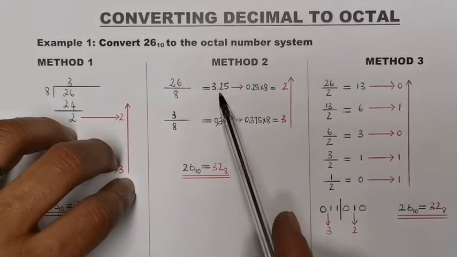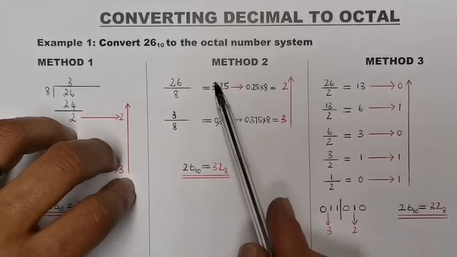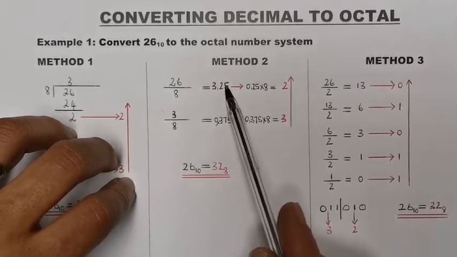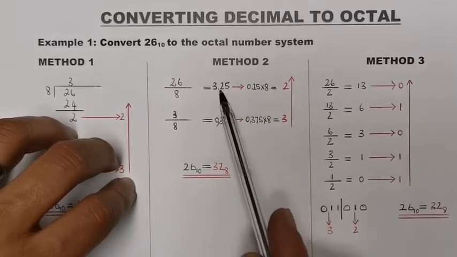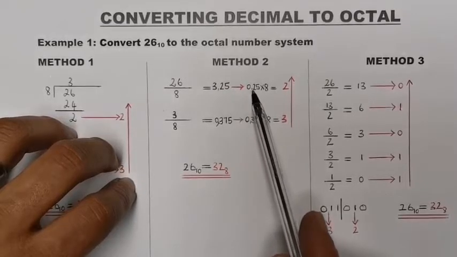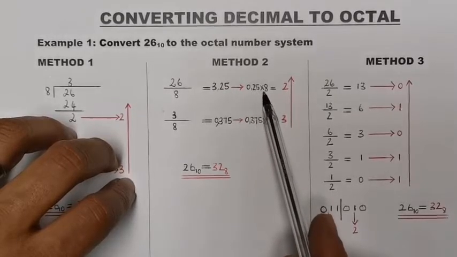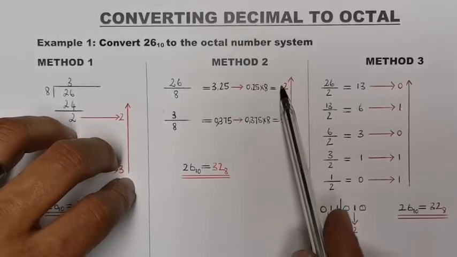With the 0.25, I take the 2.25 and multiply that by 8, because I want the whole number here. That is why I take the 2.25 to the side. Multiplied by 8, I get 2 for that value.